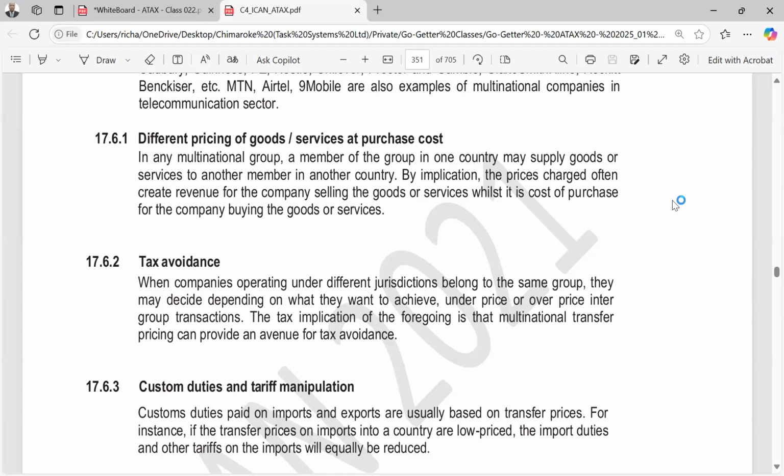So the multinationals could say, if you are in Nigeria, those people in Nigeria, we may want to overprice them. Then there are some people in certain countries, they may want to underprice them, depending on what they want to achieve. Okay.